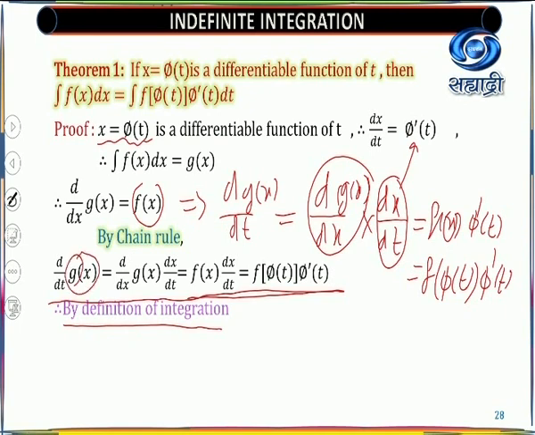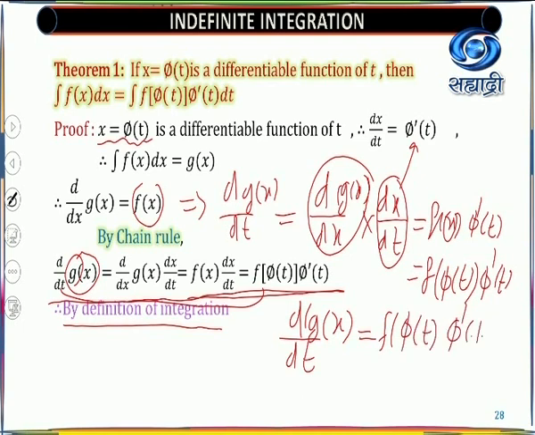So g(x) you will keep as it is. Finally you got d by dt of g(x) equal to f of phi of t into phi dash of t. Here you are using your definition of integration.